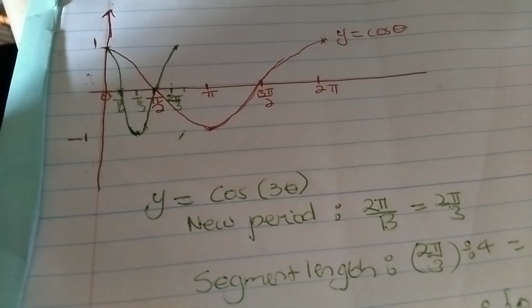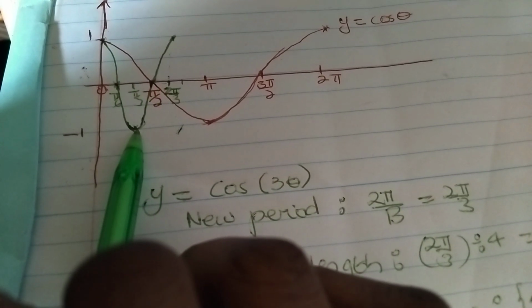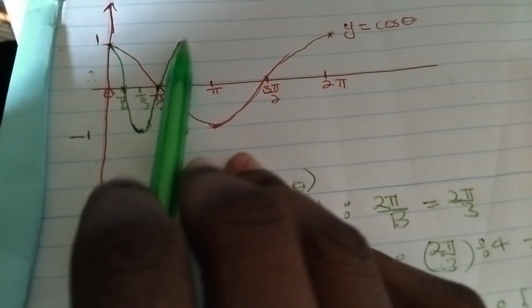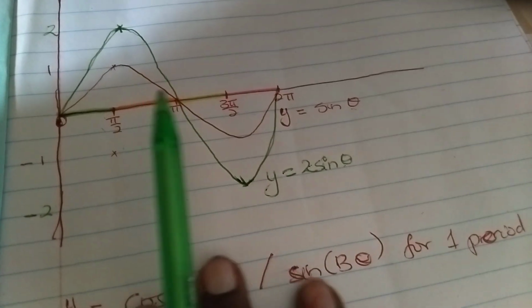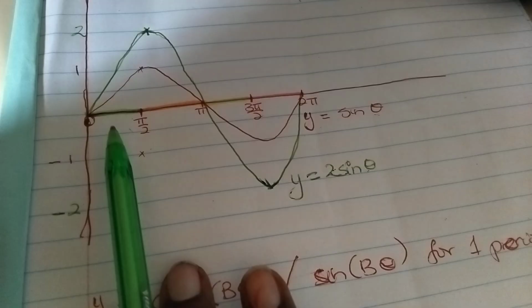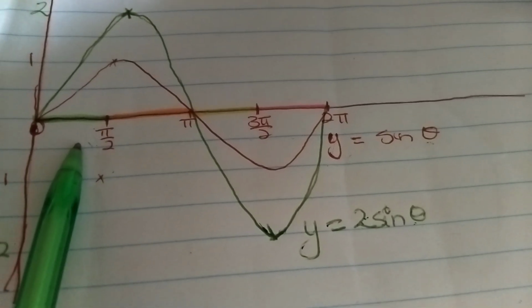Now how will you know where it cuts the x-axis? When does it become -1 and when does it become 1? That's very easy. The trick that I use is I know originally the graph of the sine or cosine in a little segment is 4 for one period.